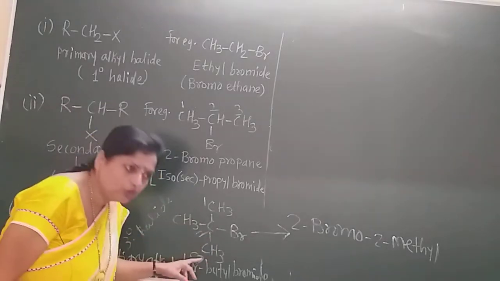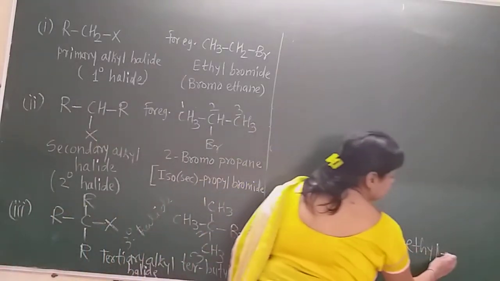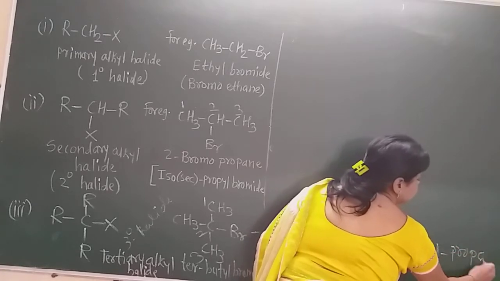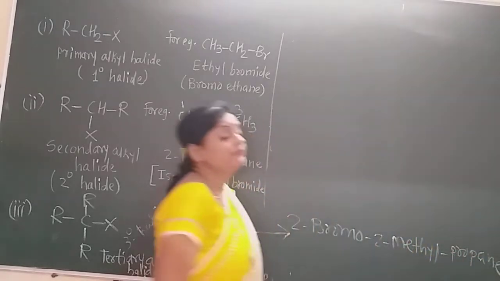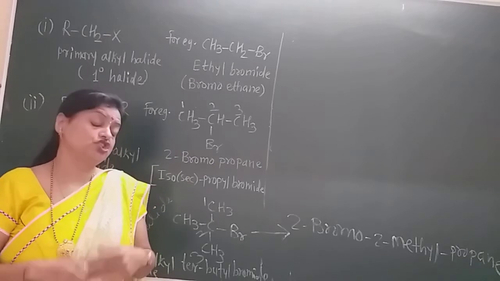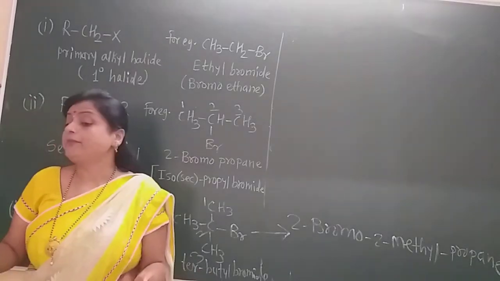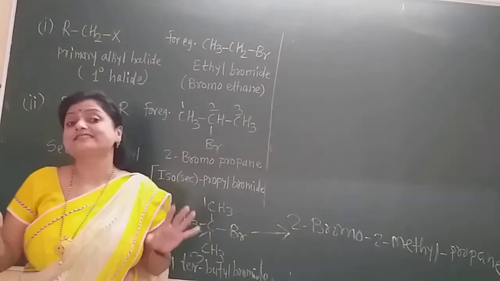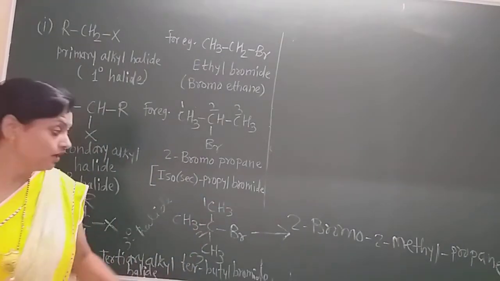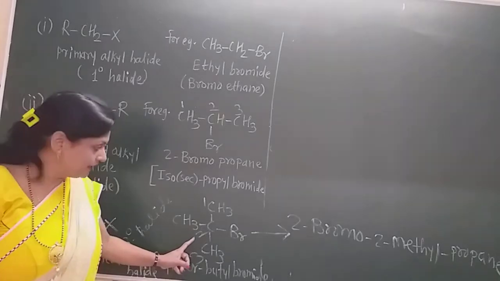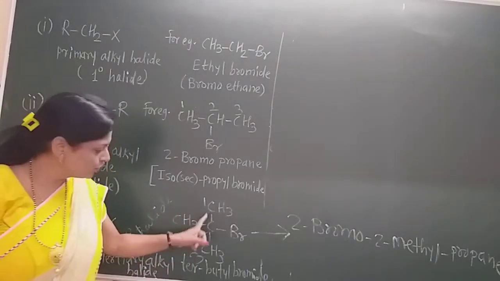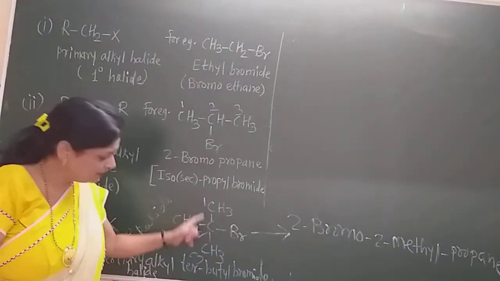In the straight chain there are only 3 carbons, so it is propane. In this way the IUPAC name is given. Remember students, this is the tertiary butyl bromide, which is the common name, but common names are not as important as the IUPAC names. The IUPAC name is very important, and the name of this compound is 2-bromo-2-methylpropane.